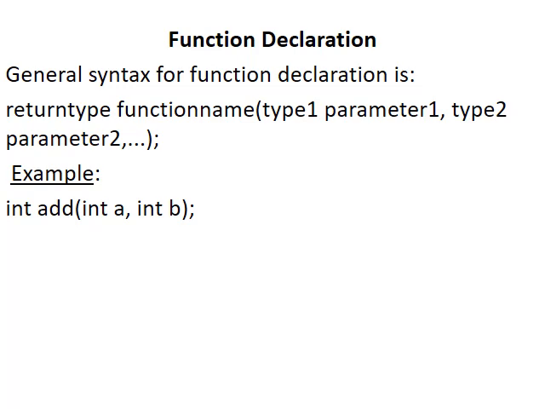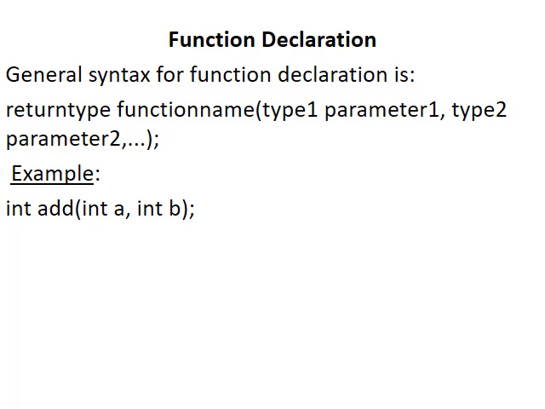The general syntax is return type. Return type specifies the data type of the value or the result returned by the function. If the function returns some result, then we mention what type of result, that is the return type. Next, function name, which is the name given to the function.